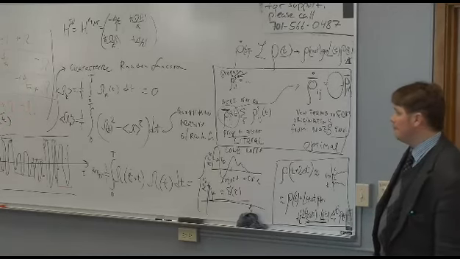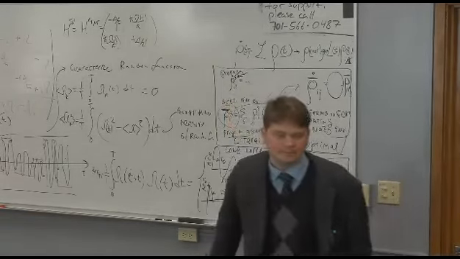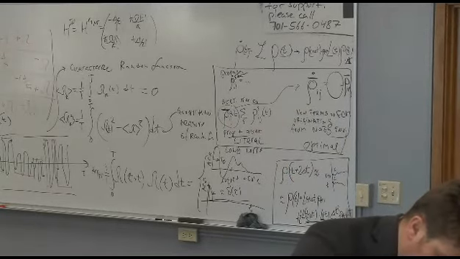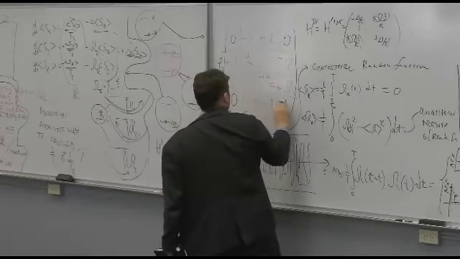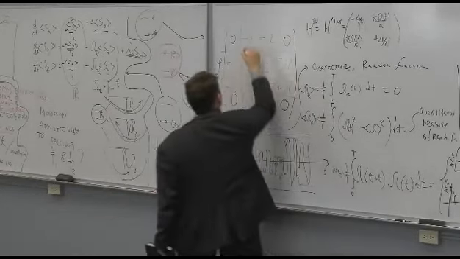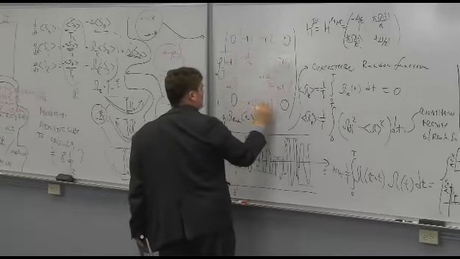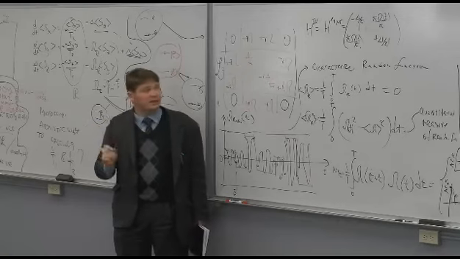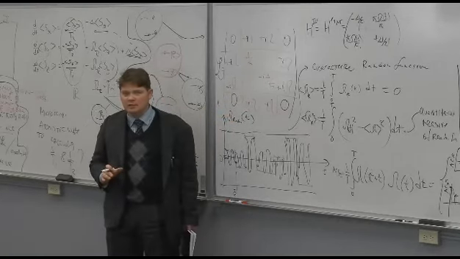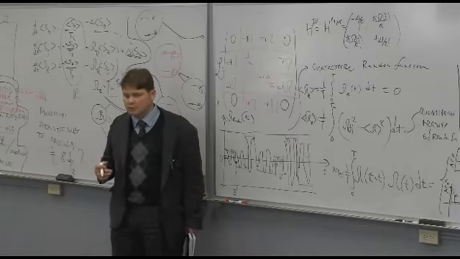Okay? So the major thing that I'm going to do is to take this Liouville operator for a two-level system, which drives propagation of the density matrix, and take this matrix square and just analyze how it will look and whether it will prompt us some specific type of dynamics.